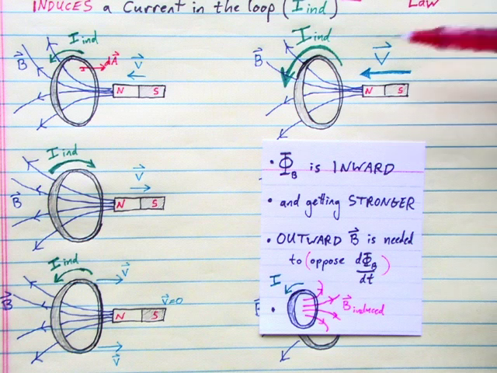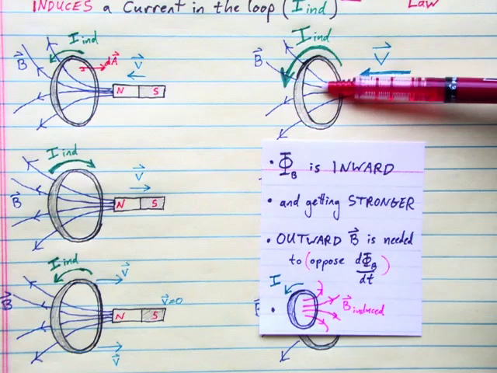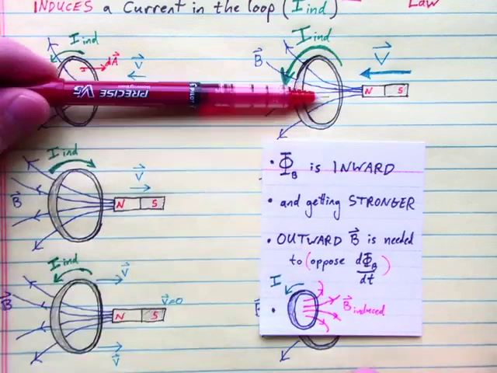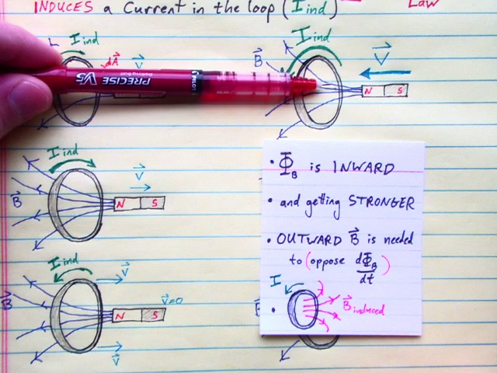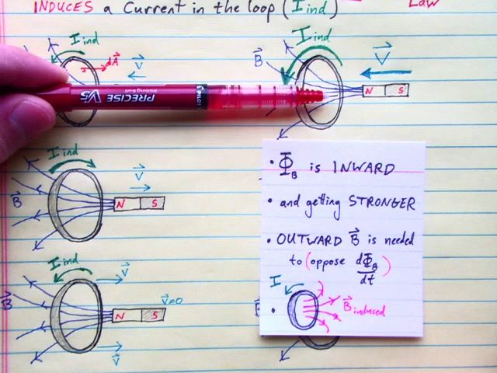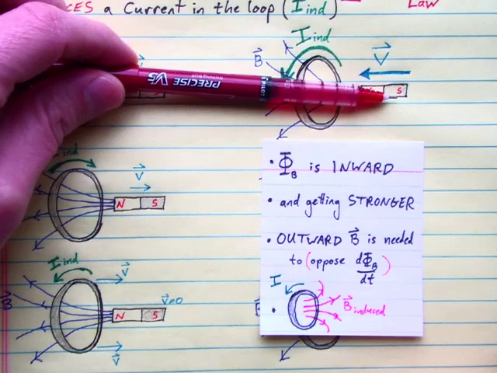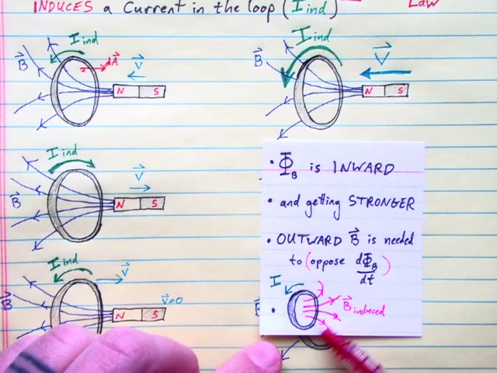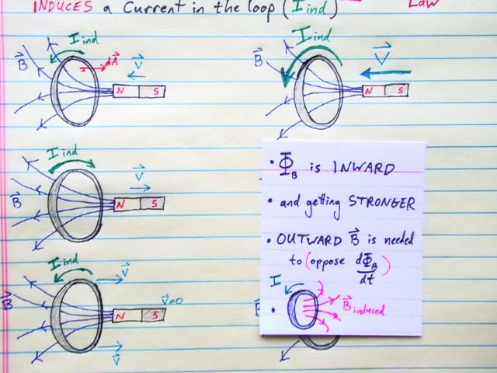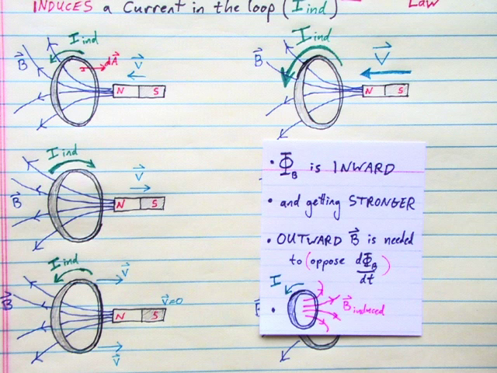We have a magnetic flux that is inward and getting stronger as the magnet gets closer. So we need outward magnetic field to oppose that changing magnetic flux. And we get a magnetic field this way to the right by having a current run in that direction around our loop. So there is our secondary induced magnetic field opposing that change in flux.